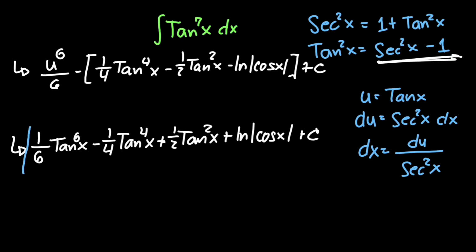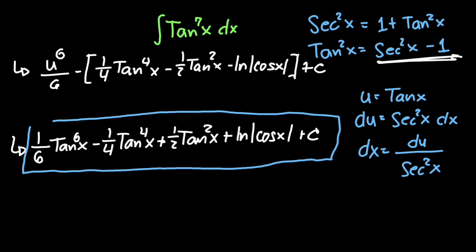So this is the final answer regarding the integral of tangent to the power 7 of x. Or you can replace this with negative natural log of the absolute value of secant x.